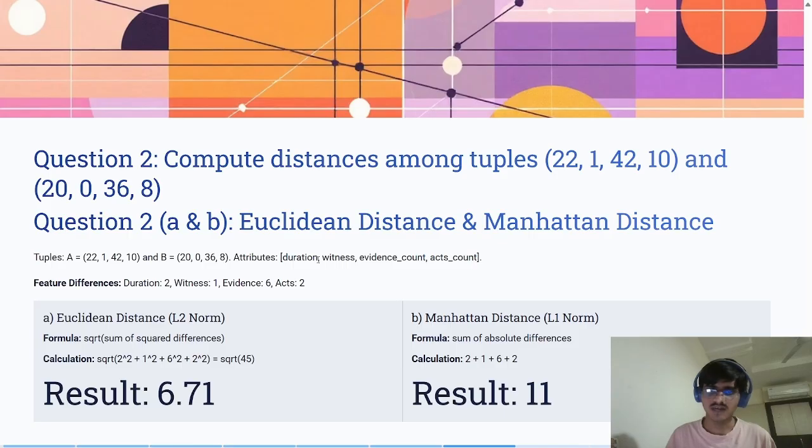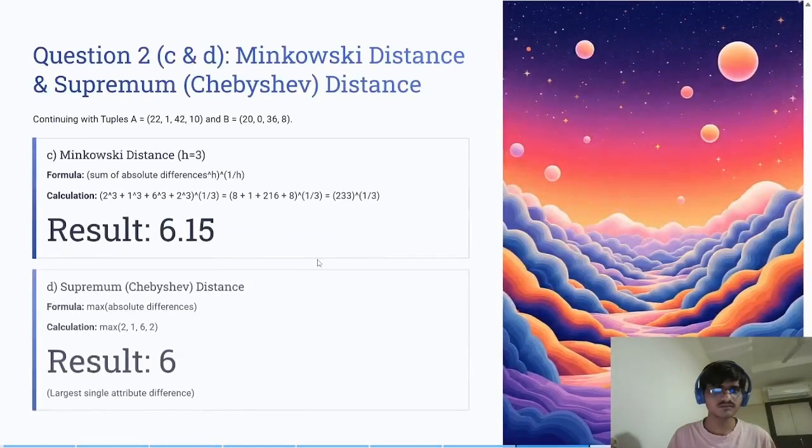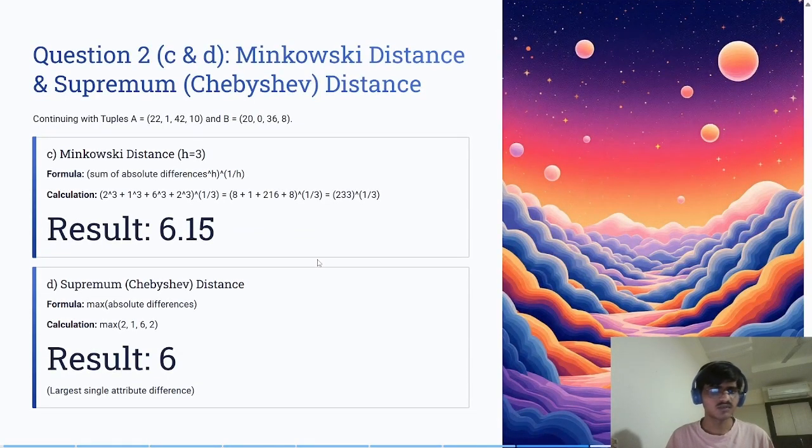Now to calculate Manhattan distance, which is the sum of absolute differences, it comes out to be 11. Now to compute Minkowski distance, which is the sum of absolute differences to the power h, all to the power 1 by h, the result comes out to be 6.15.